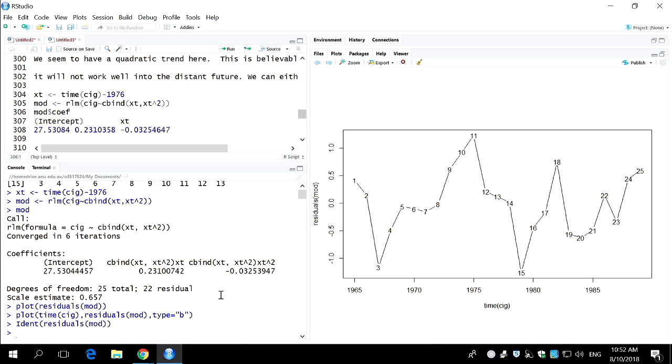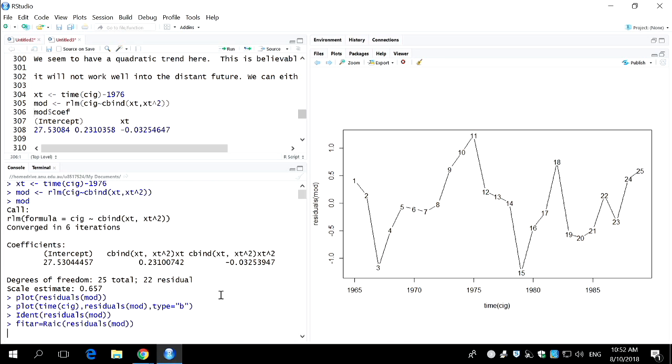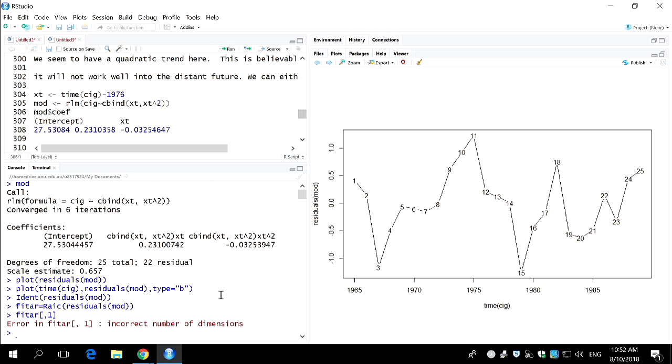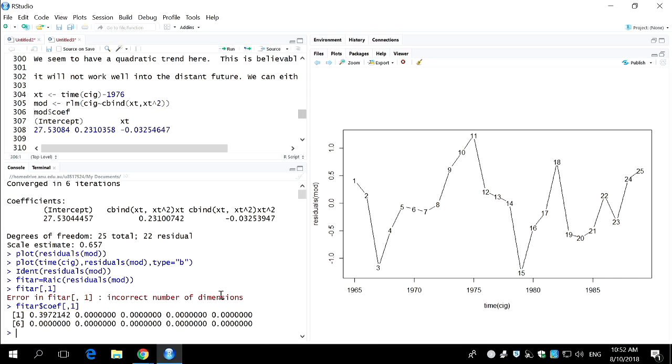So let's go fit AR equals rake of residuals of mod. Because I'm going to fit an AR1, I use fit R first column. And I'll give fit R dollars coef first column. Okay, so my coefficient is 0.397.